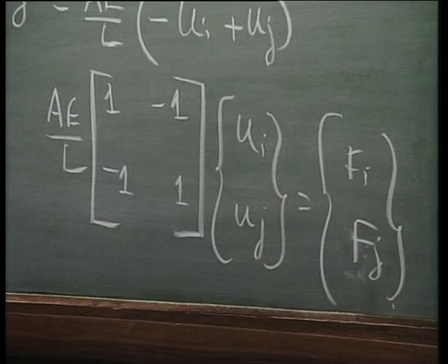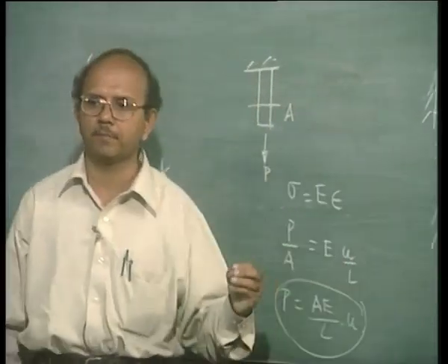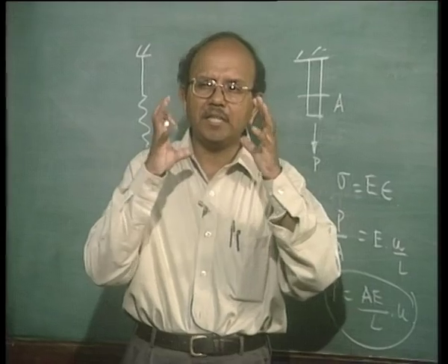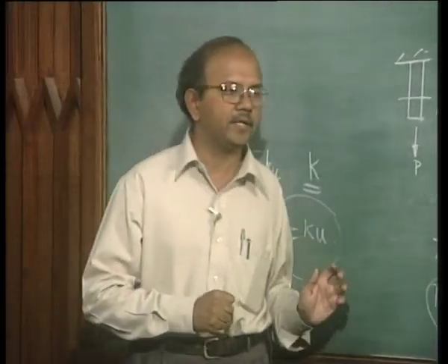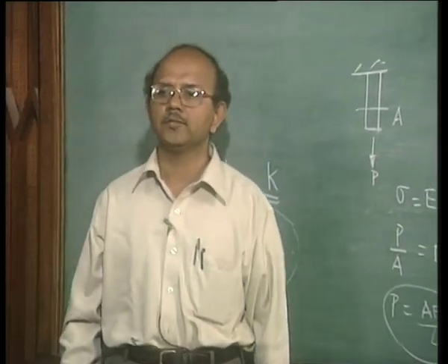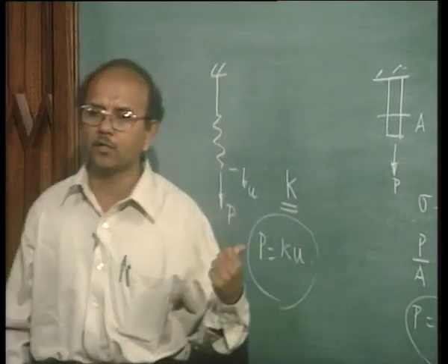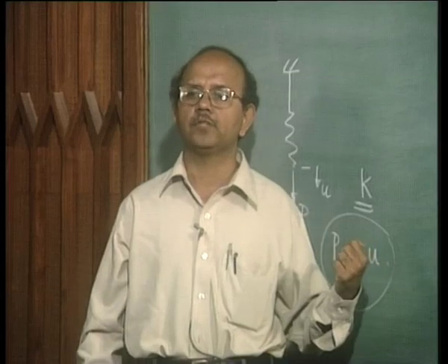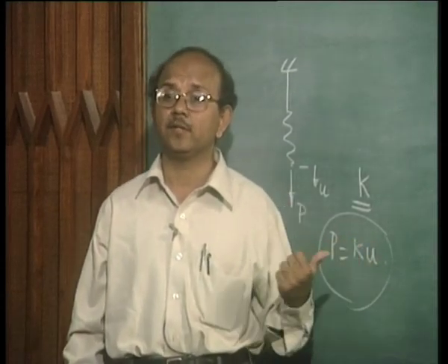Now, let us understand what the stiffness matrix means. In other words, can I extend the concept of stiffness, the physical behavior or the physical understanding of stiffness that I have for a spring, to the stiffness matrix which we derived? In other words, if I had asked you to define stiffness and not write down an equation, you would have said that stiffness is equal to force per unit displacement.